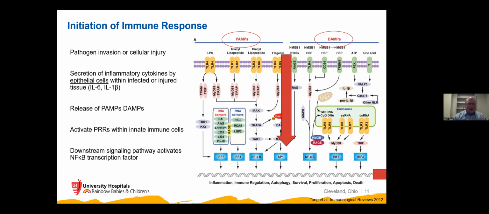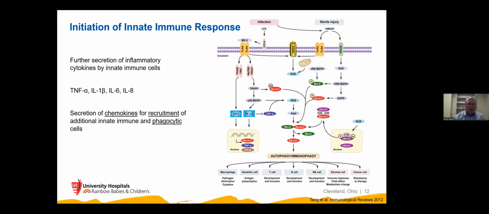Every epithelial cell in our body is able to secrete IL-6 and IL-1 beta to signify that there's an inflammatory response, to try to call for help and bring the rest of the immune cells to the location of the infection.